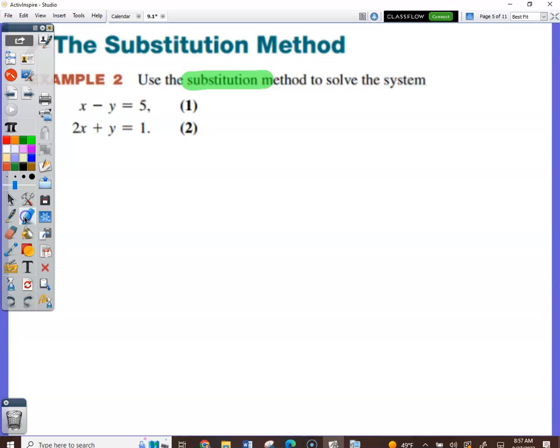So in this case, you could go for the x to be by itself, or you could go for the y in the other equation to be by itself. It does not matter. Our work along the way will be different if we went different routes. However, our answer at the end will be the same.